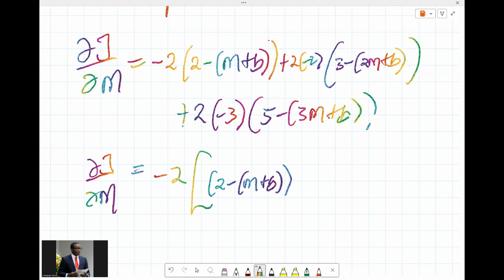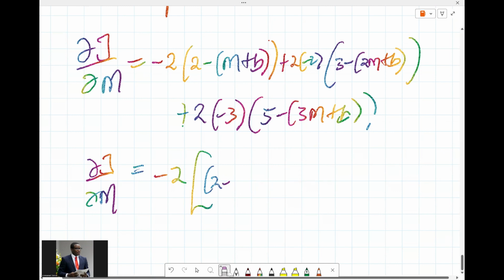Let me open up the inside at least, so 2 minus m minus b.